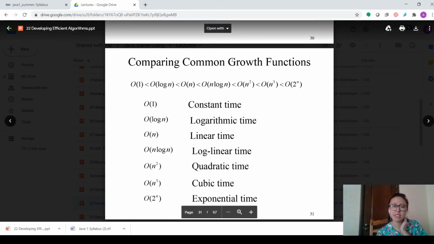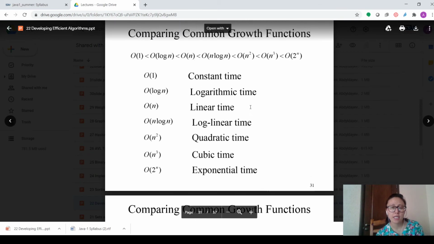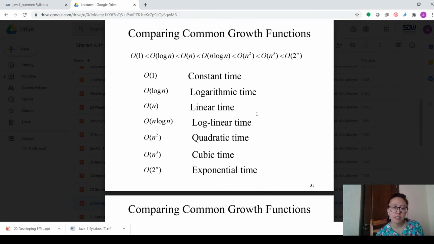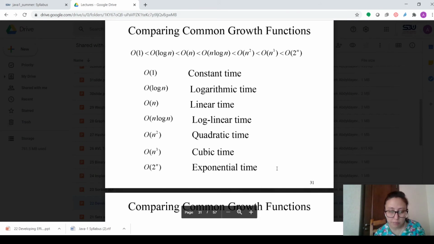If we compare common growth functions, the quickest one is O(1), then comes log n, then n, then n log n, then n squared, n cubed, and 2 to the power of n. They are called constant time, logarithmic time, linear time, log-linear time, quadratic, cubic, and exponential time.